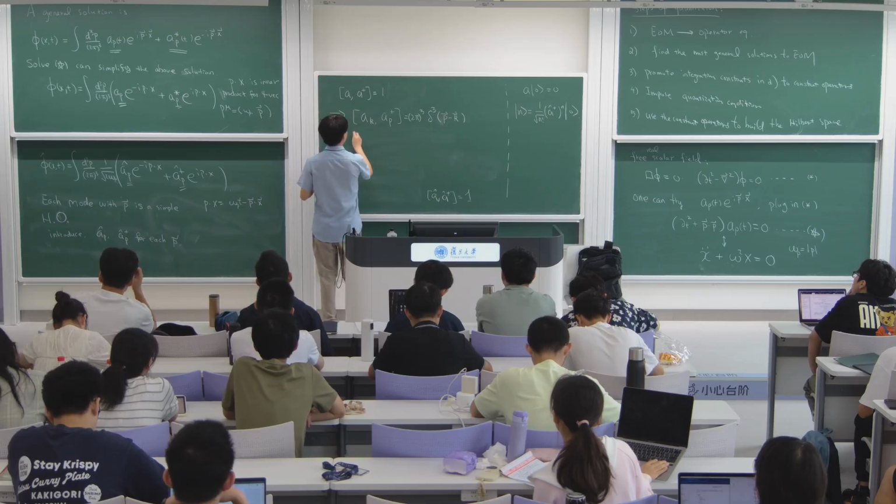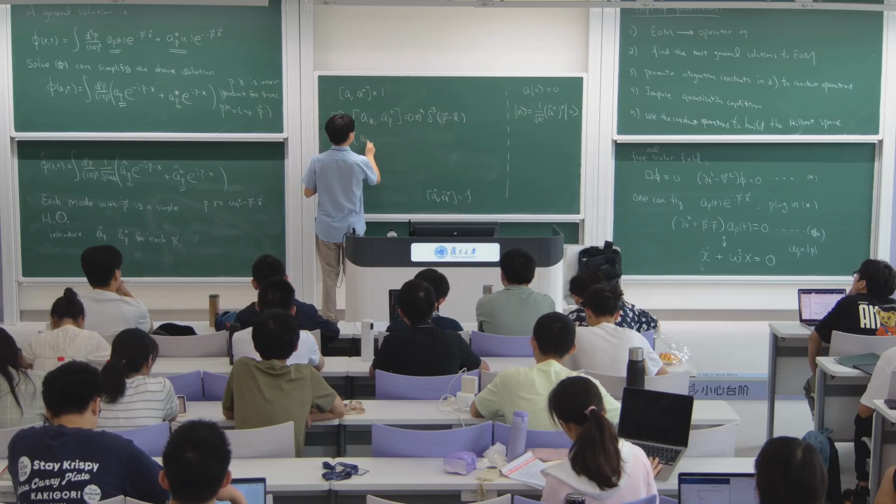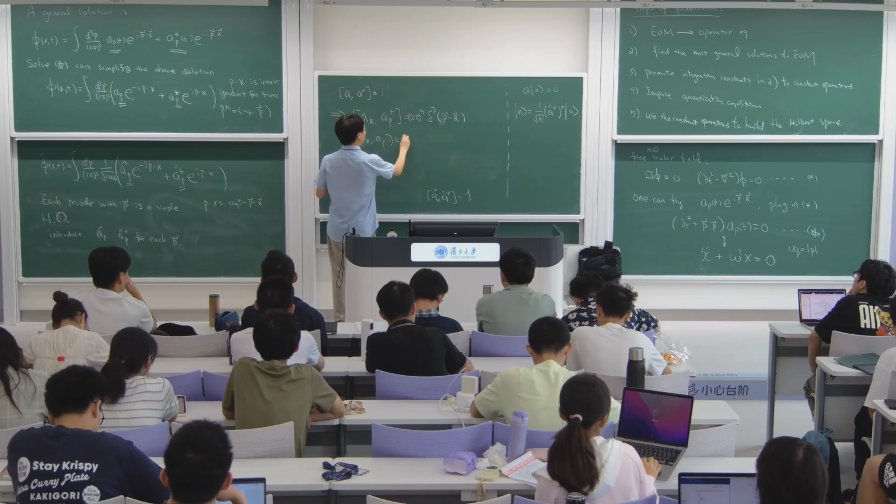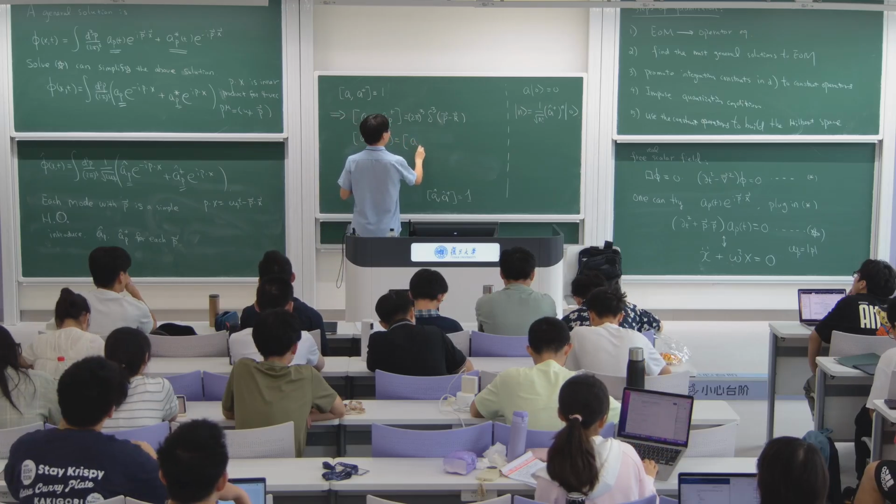And of course, for the others, these are just trivial. The A, A commutator and the A dagger, A dagger commutator are always 0.